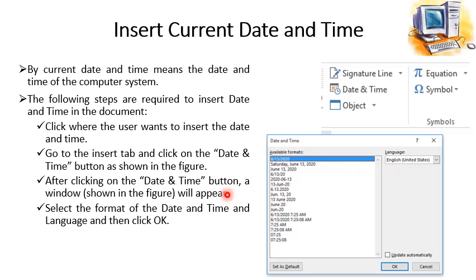Different languages are also available, so we have to select the required format of the date and time from this menu. Further, we can select the language in which we want to insert the date and time, and then click OK. The date and time will be inserted in our document at the position where we have placed the cursor.